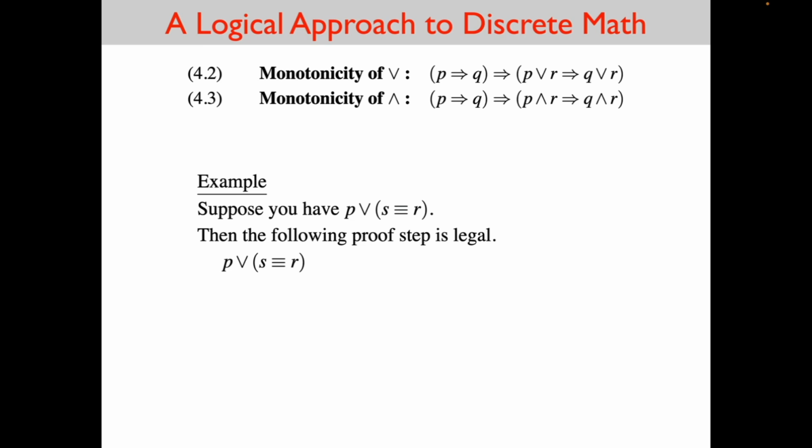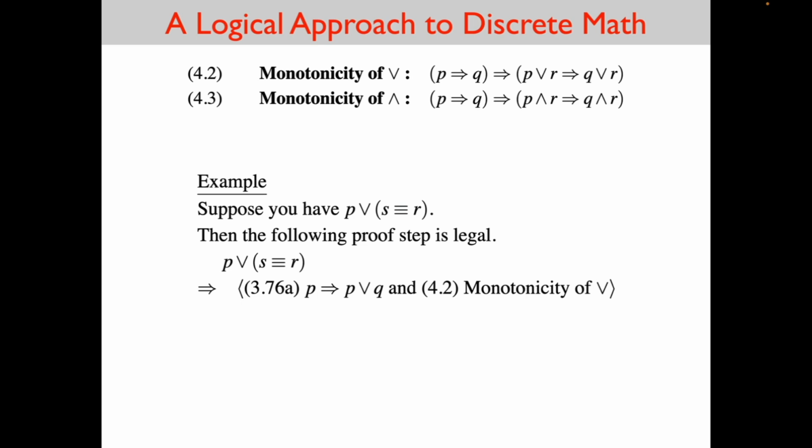Now, and here again, let's use 3.76a. Now 3.76a says that P implies P or Q, right? So we can replace the P with what it implies, right? And we can bring down the S equals R, but what are we bringing down? We are bringing down the fact that S equals R is a disjunct, not a conjunct, but a disjunct.